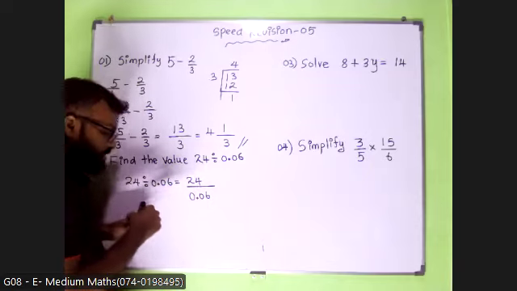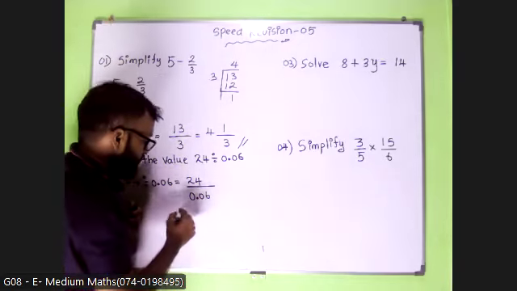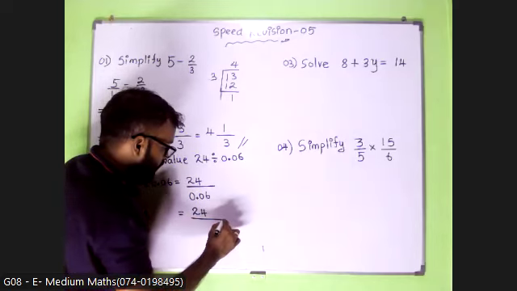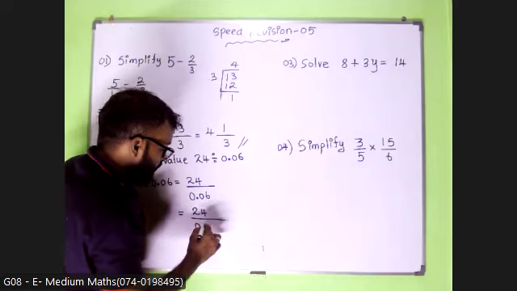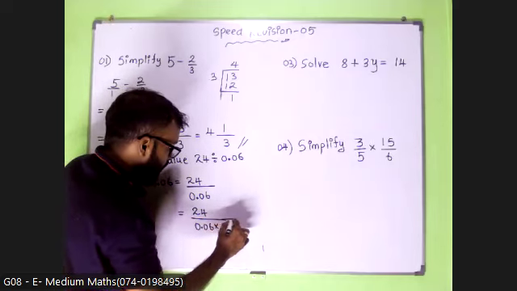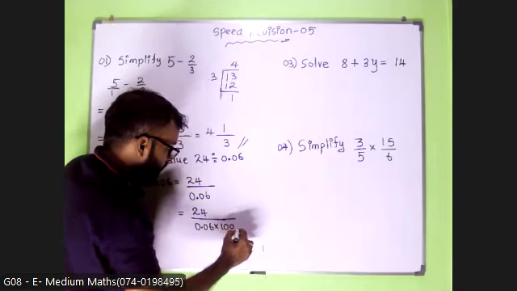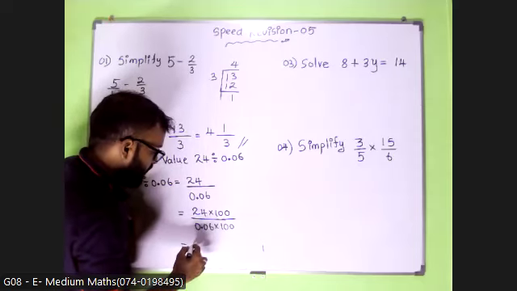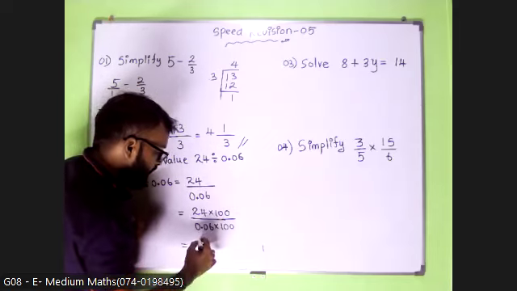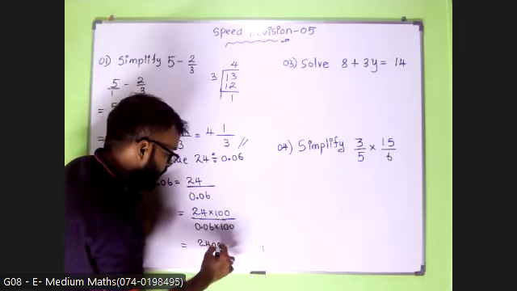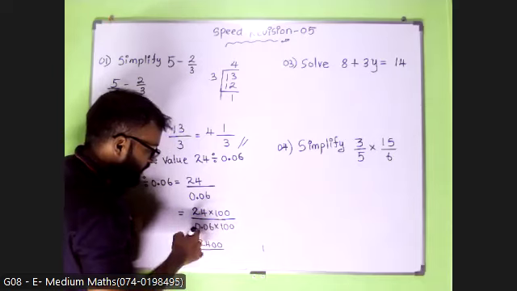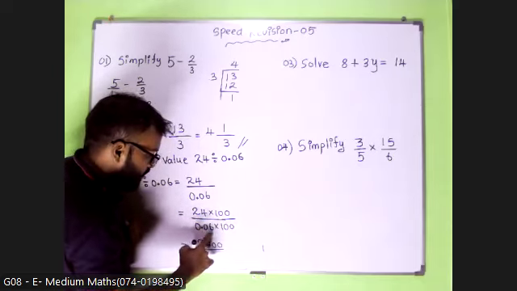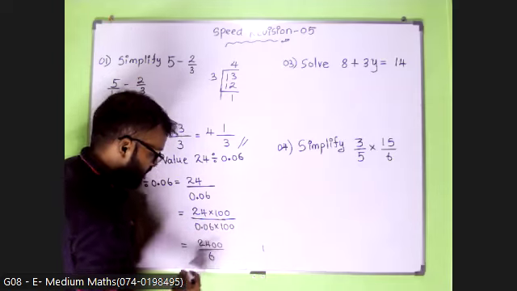How many decimal places are there? Two decimal places. So I am going to remove those two decimal places by multiplying by 100. Denominator multiplied by 100, numerator multiplied by 100. In the numerator I obtain 2400. In the denominator, 0.06 multiplied by 100 means 6.